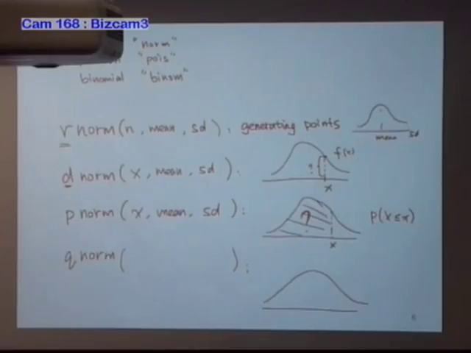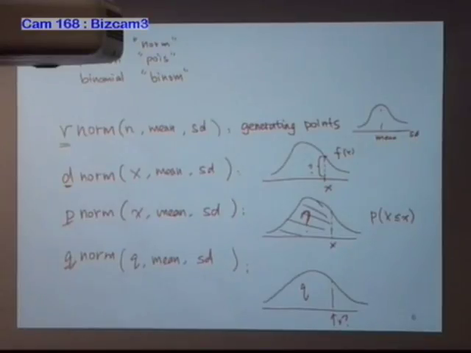Suppose I want this to be q, then the question is, what is this cutoff? So you say, I'll give you a q, mean, standard deviation. You calculate this x for me. That's the 4 probability functions.